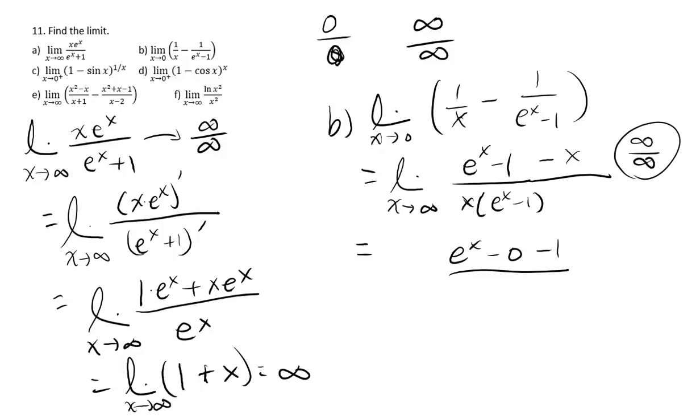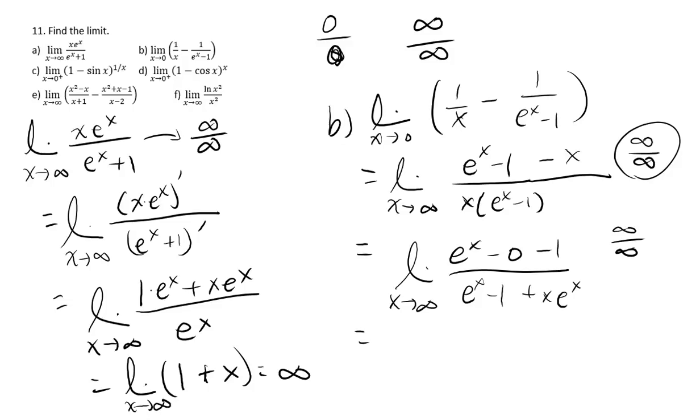And when you differentiate this, x differentiates to 1, so you have e to the x minus 1. When you differentiate e to the x minus 1, you get x times e to the x. Now you still have this going to infinity, so this is still infinity over infinity type. These two all go to infinity.